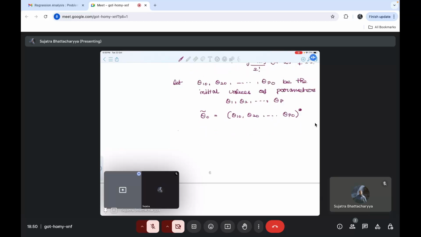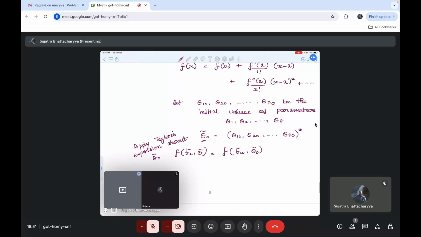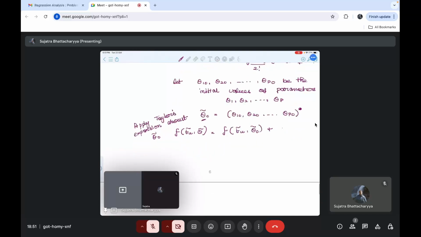Next, we go for the actual equation, f(t_u, θ). Apply the Taylor series expansion about θ_0. It will be f(t_u, θ_0), because we are applying it about this point, like we applied it about a, plus a summation.